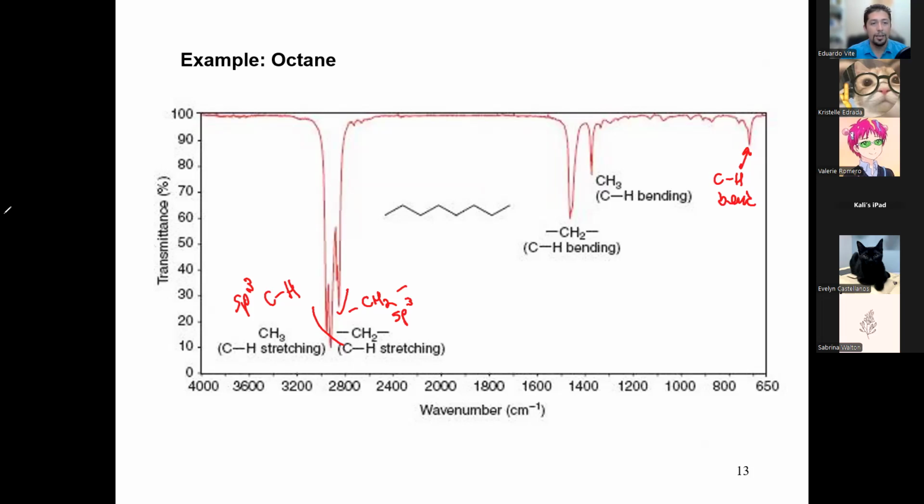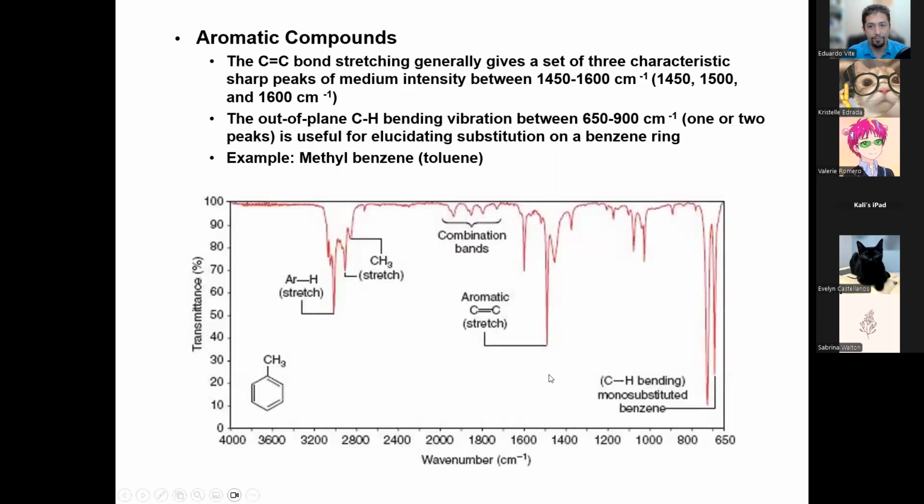Okay, so let's look at another type of hydrocarbon. What happens with aromatic rings? They are also made of just hydrogen and carbon. So what happens there? Let's see. Here we have toluene. You see the structure is on the bottom left. And now we have alkenes, carbon-carbon double bonds, but we also have aromaticity, where the ring is delocalized and has a certain number of electrons inside the system.